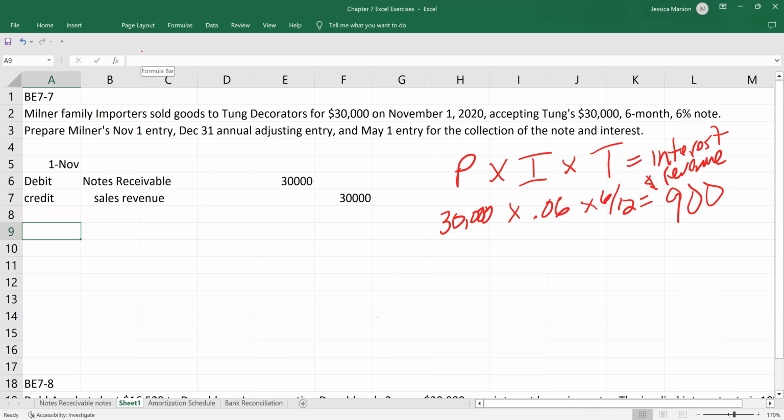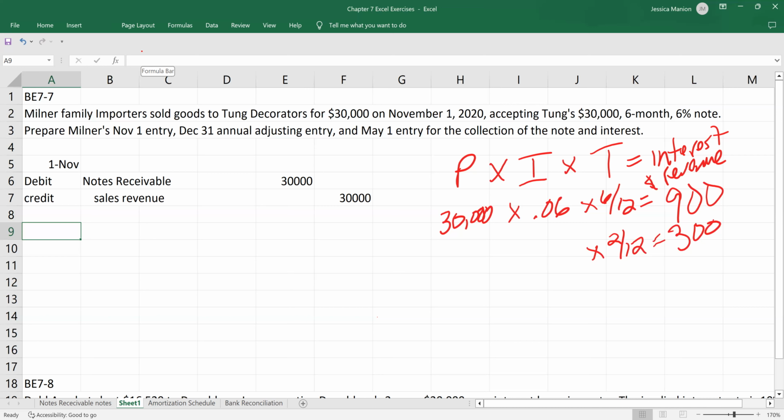But again, at the end of December, we've only had 2 months worth of interest. So we've only earned 2 out of 12 months worth of interest. So in that case, we take 30,000 times 0.06, and for 2 out of the 6 months, we've only earned $300 at December 31.